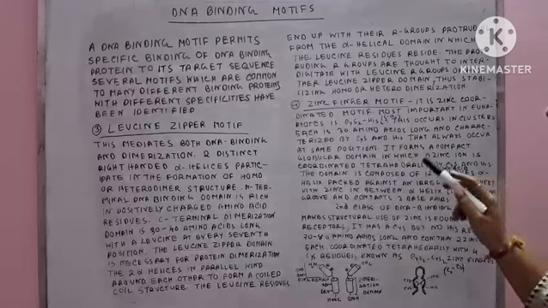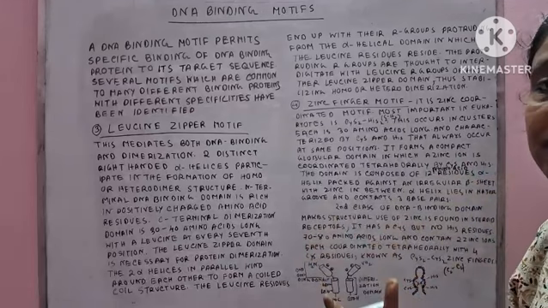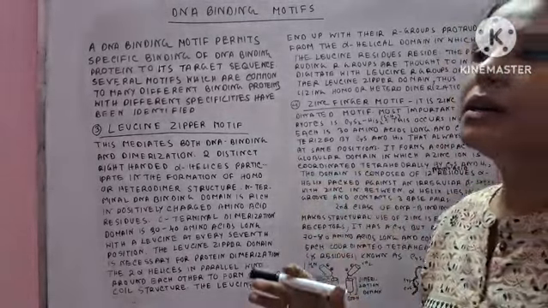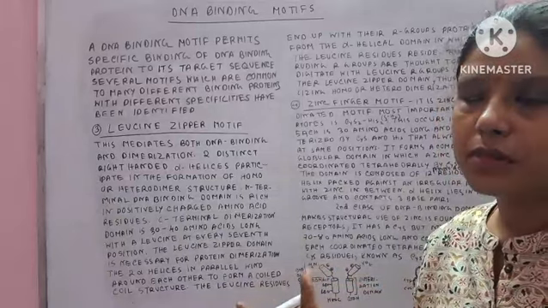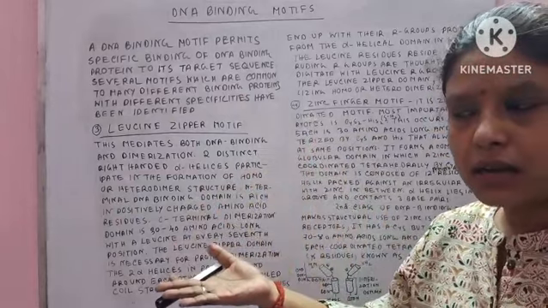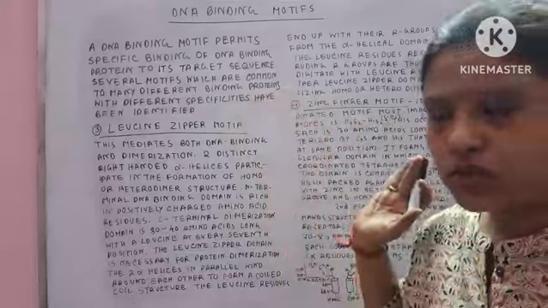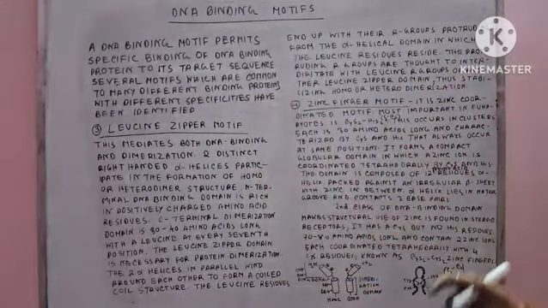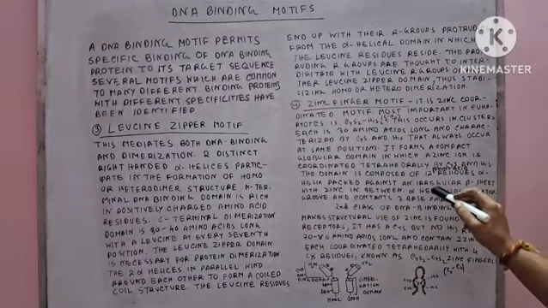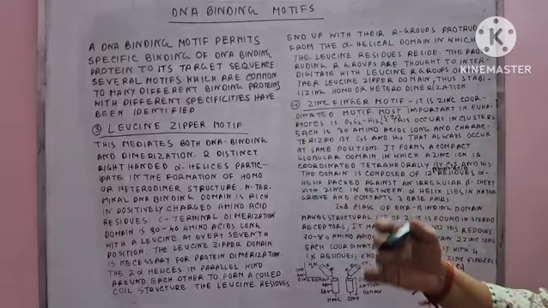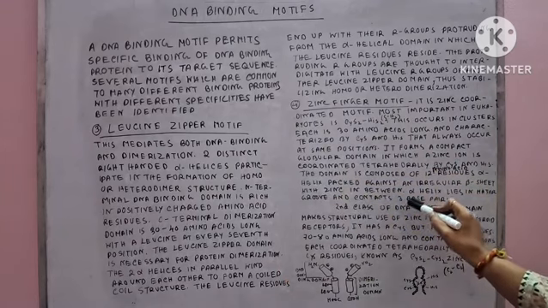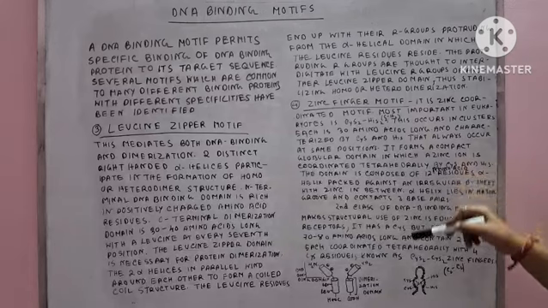These alpha helix and beta sheet structures are topics of biochemistry, so I will try to explain them in another video. Just remember that both the alpha helix and the beta sheet are present here. The alpha helix lies in the major groove of the DNA and contacts 3 base pairs.